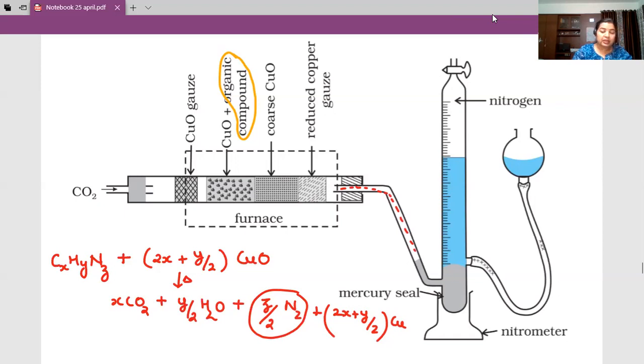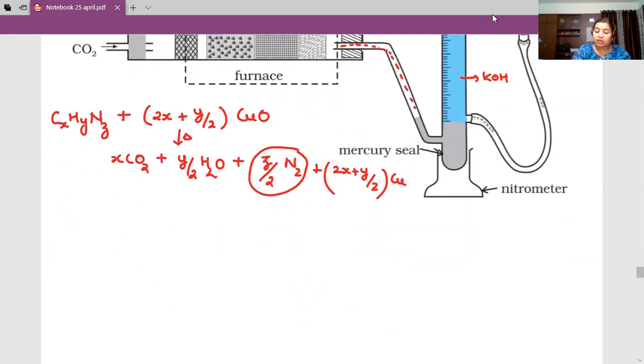Okay, we are collecting it over KOH solution. This solution that is being used is potassium hydroxide. The purpose is that KOH here will absorb any CO2 gas which is coming.